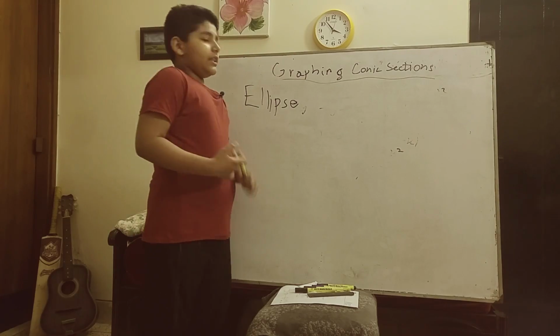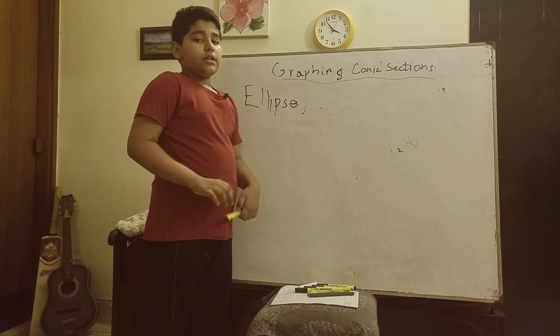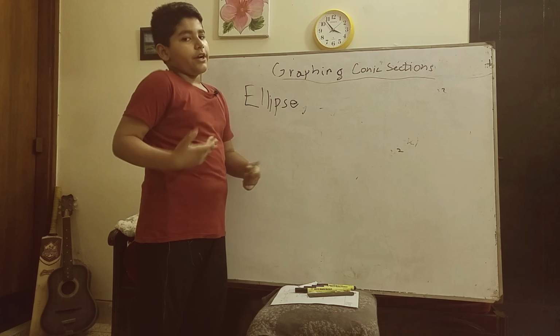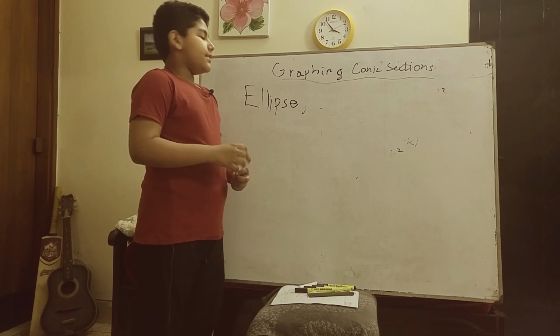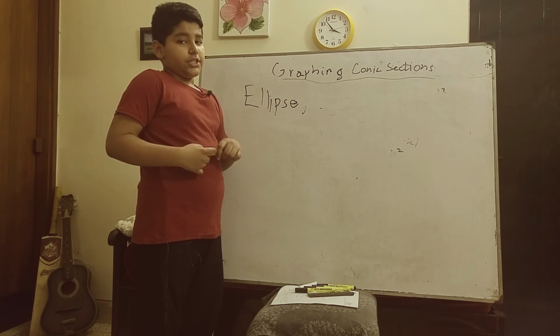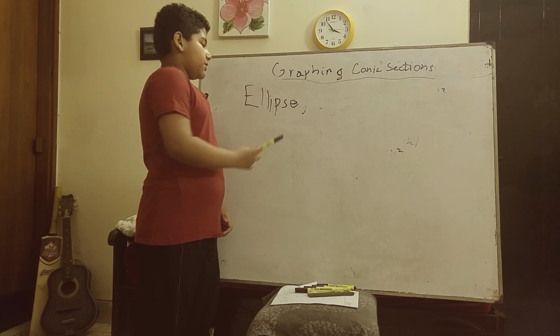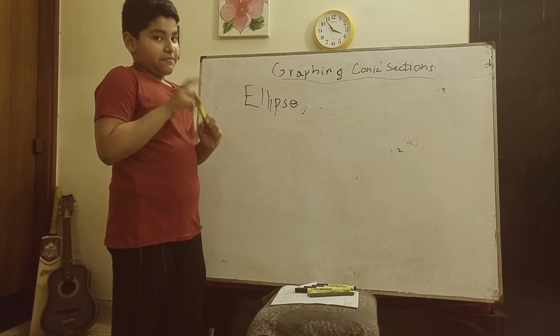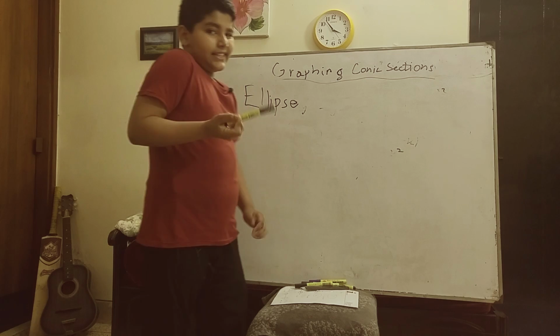So in our last video we talked about how to graph circles and we introduced what conic sections are. Now the next conic section we're going to talk about is the ellipse. This will be very important and slightly tricky too.